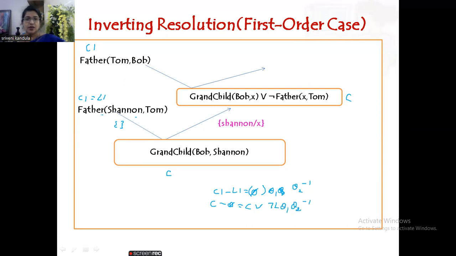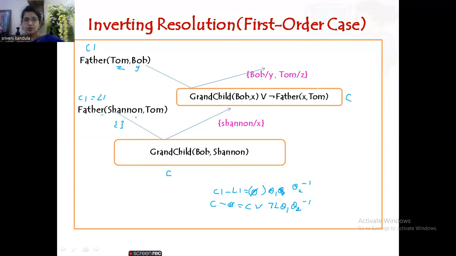So okay, what is my L1 here? L1 is father of Tom comma Bob. So Tom has to be substituted with Y and Bob has to be substituted. I didn't remember exactly. Okay, one is Y and one is Z. So let's see the result. Okay, Bob is substituted with Y. This should be my Y. Tom is substituted with Z. And here also in the conclusion, I have Tom.